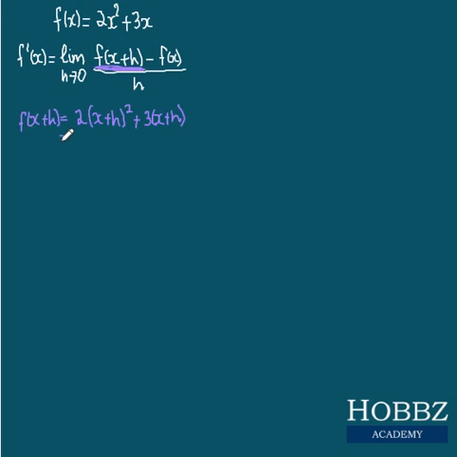Now this bracket here will be x squared plus 2xh plus h squared, plus, now we solve this part here, 3 times (x plus h).